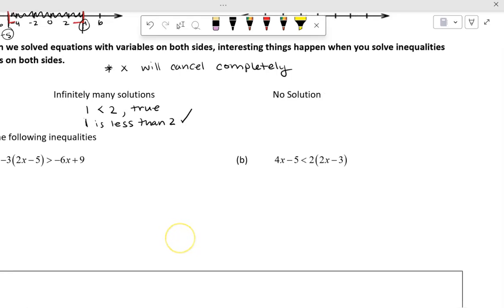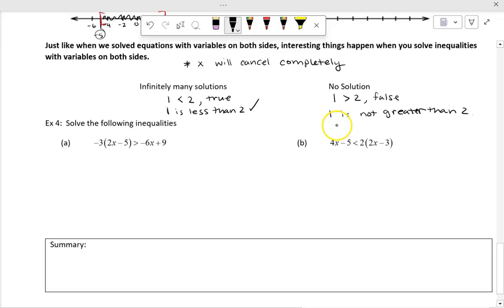That would be infinitely many solutions. An example of no solution would be something that's false. Like, for example, 1 is greater than 2. That's false. 1 is not greater than 2. If you have $1 and your friend has $2, they have more money than you. You do not have more money than them.